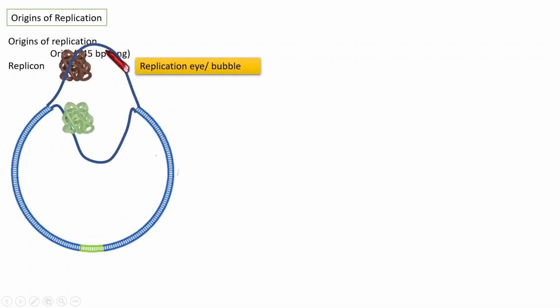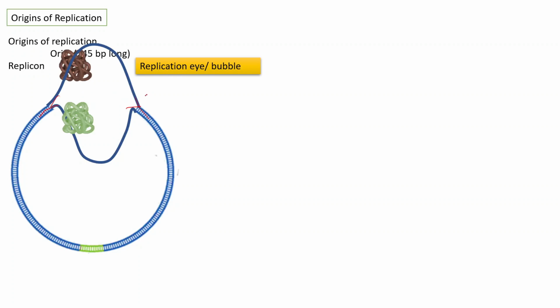And as a result, as the separation of strand continued, that will result in the formation of a replication eye or replication bubble. Okay, this is what formed there. Then in this replication eye or replication bubble, we can see two Y-shaped structures, here one and here also one.